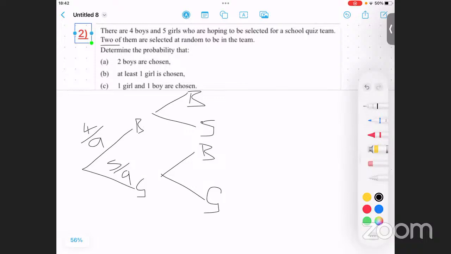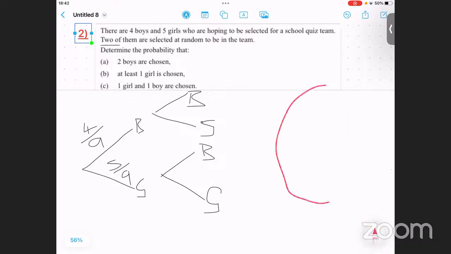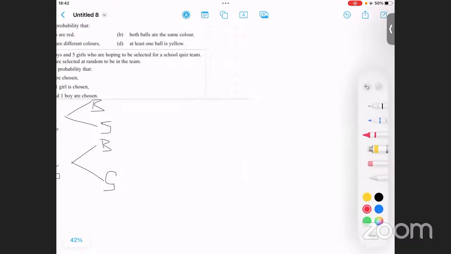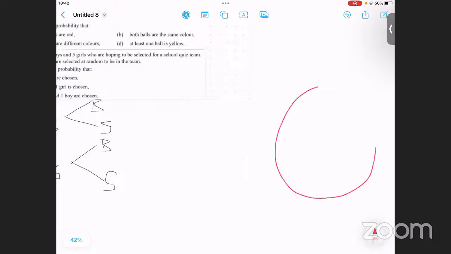Guys, this is what you're gonna do, ne? They say there are 4 boys and 5 girls, ne? So I'm just gonna draw these. We have 4 boys and 5 girls, okay? This is the learners who are hoping to be selected.